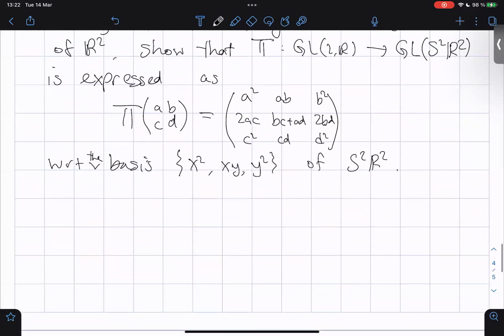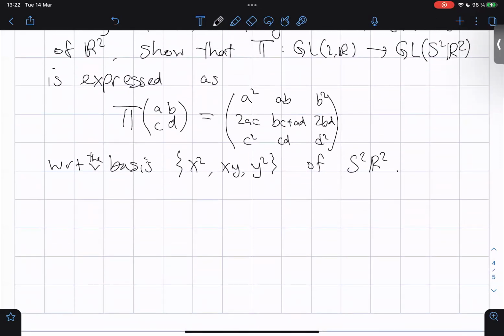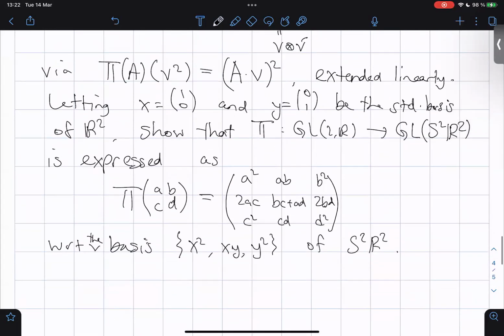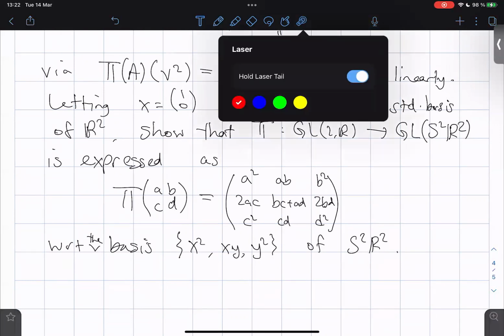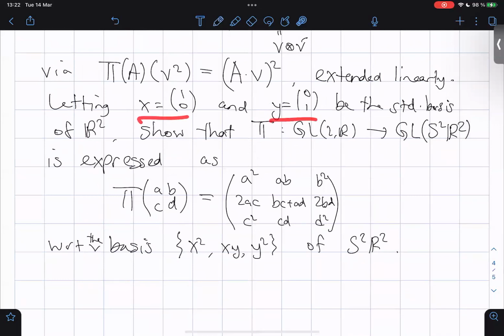I have a question. You have the basis here for S2R2, with the product of x and y. Usually you call it e1 and e2, but I'm going to call it x and y here. So this is a tensor product of x and y.